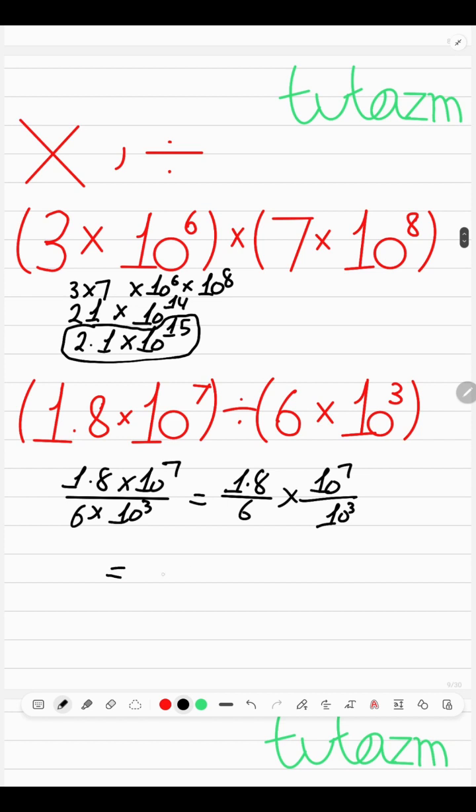This would give us 0.3 times 10 to the 4, and again this is not in standard form, so we need to turn that into 3 times 10 cubed, and that is our final answer, and that is the end of the video.